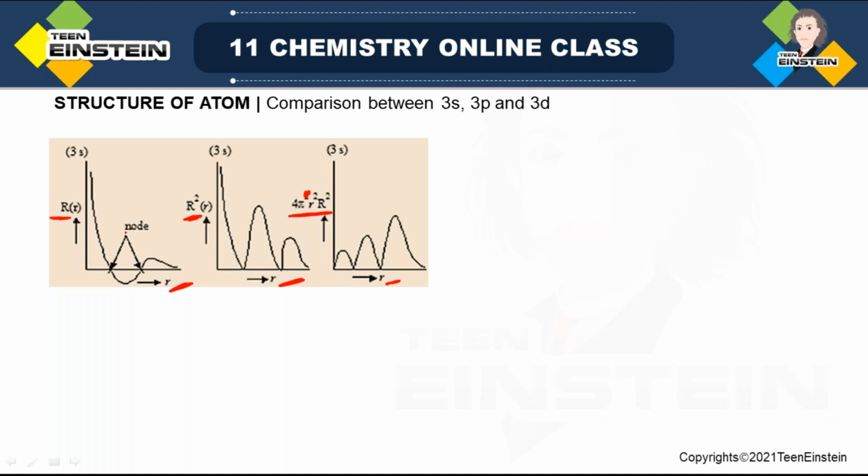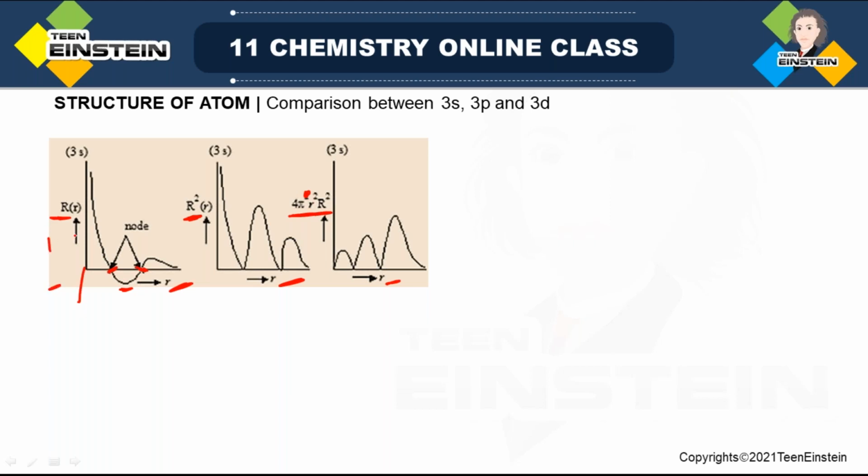So when it is simply R, how it is changing with distance r, you can see there are some points where it is directly touching this x-axis, and when there is no square, that is simply R, then it can even have negative value. See, it is passing through this and it is going towards the negative, because this is negative, this is positive.